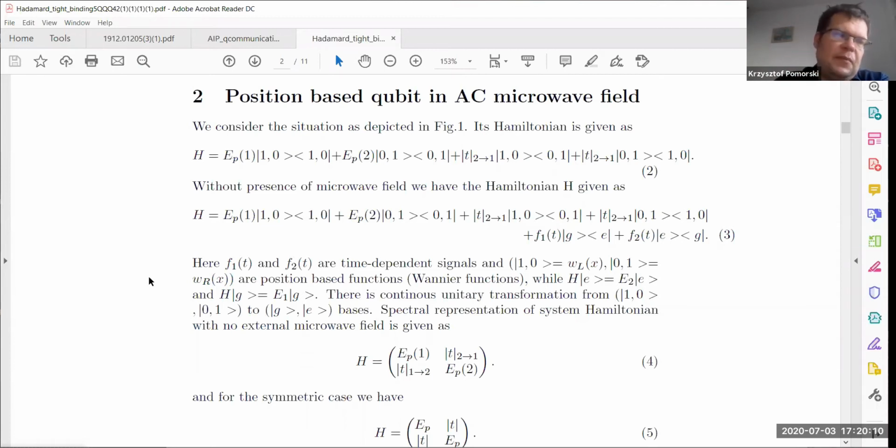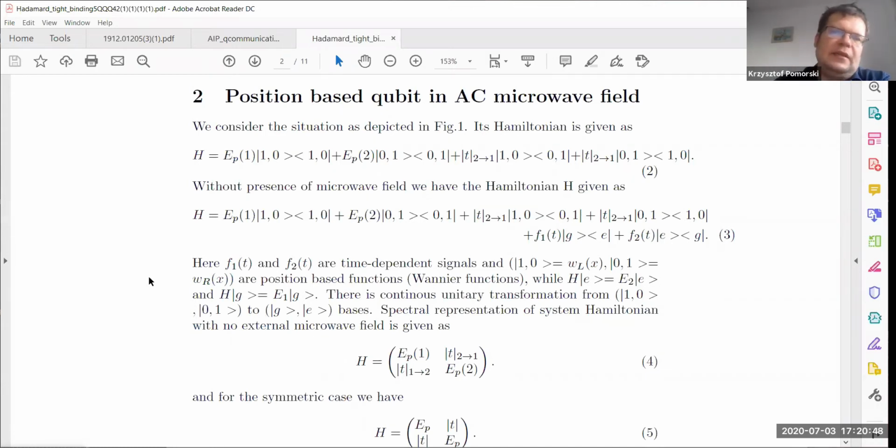So you can either have a picture of electron presence by wave function or by Wannier functions. Wannier functions are orthonormal, so they're orthogonal and normalized. And because of this technological scheme, because of this effect that the electron is designed to be in a position-based qubit, a Wannier function is the most convenient representation of the state of the position-based qubit.